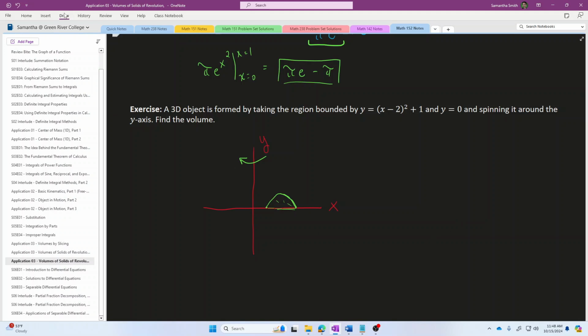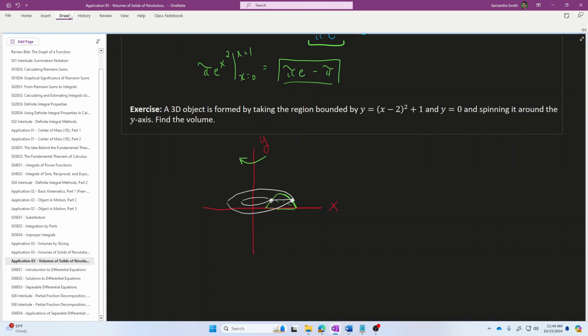Now, there are a couple of different reasons why I would not want to make a cut in the horizontal direction in this situation. If I tried to make a cut in the horizontal direction, so that spinning that cut around the y-axis created a ring shape, I think it would be quite hard for me to find a formula which gives me the inner and the outer radius of this circle.